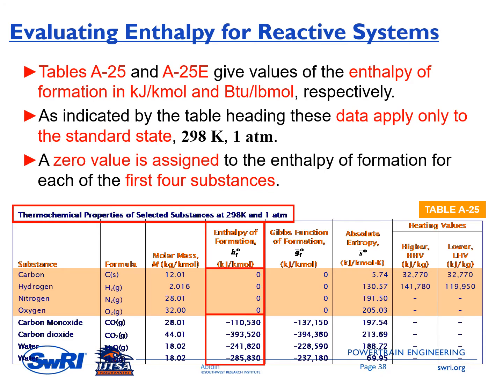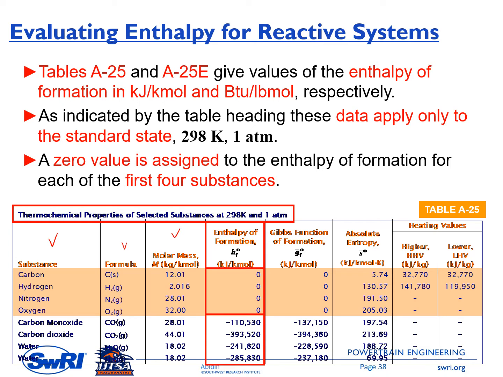This enthalpy of formation is available in Table A-25 and A-25E for the British units, and it is on a molar basis, so it is kilojoule per kilomole or BTU per pound mole. The screenshot of the table is shown at the bottom of this slide. You can see the first column shows the substance, then the formula of the substance, and then the molar mass, the molecular weight, the capital M. For example, carbon, single C here, has a molecular weight of 12.01.